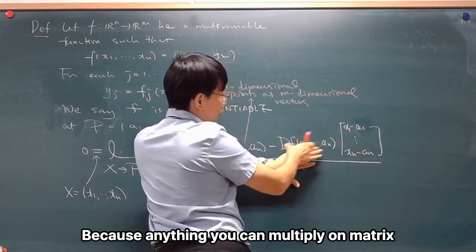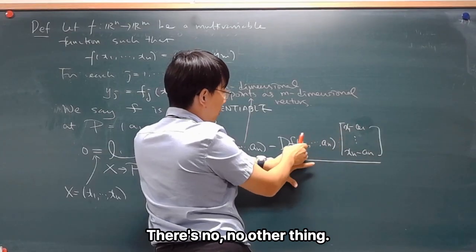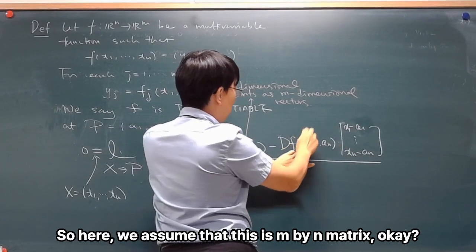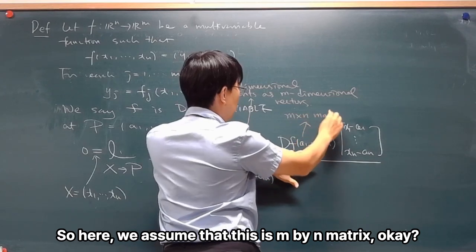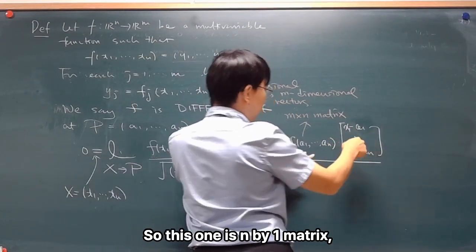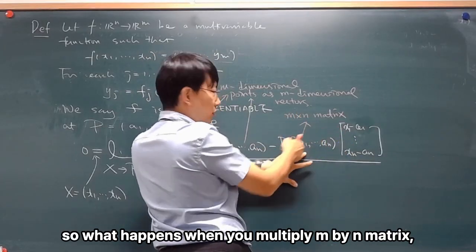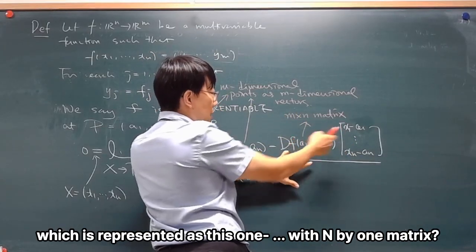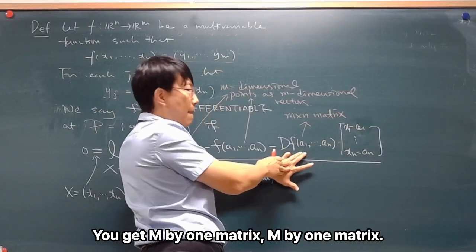Because anything you can multiply on a matrix is either a matrix or a number. There's no other thing. So here we assume that this is an m by n matrix. So this one is an n by 1 matrix. What happens when you multiply an m by n matrix with an n by 1 matrix? You get an m by 1 matrix.